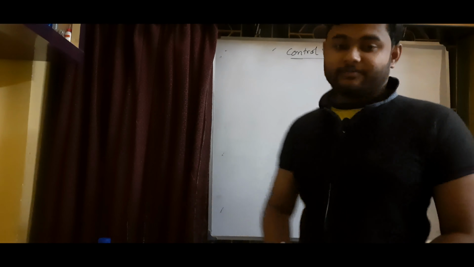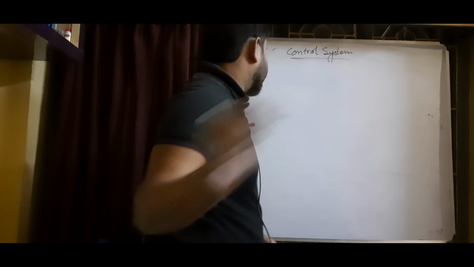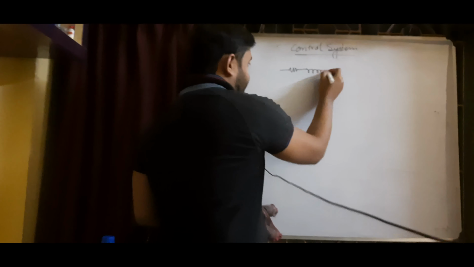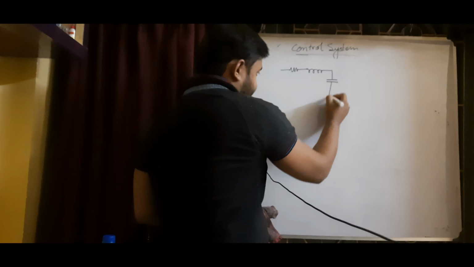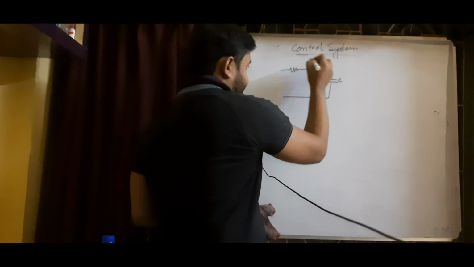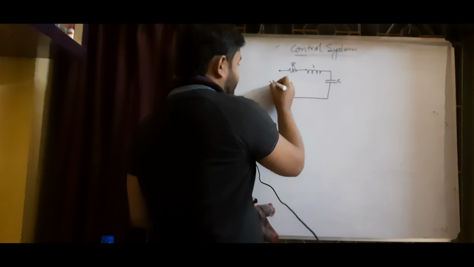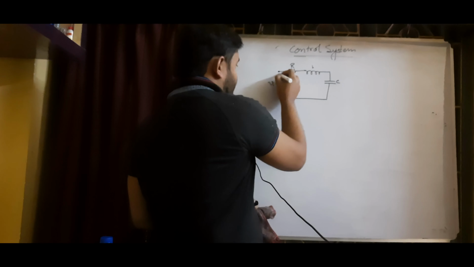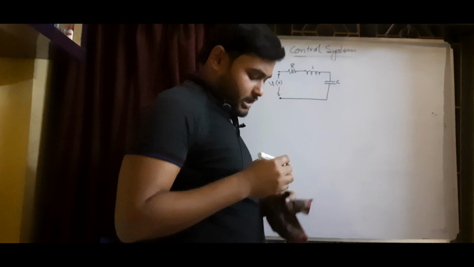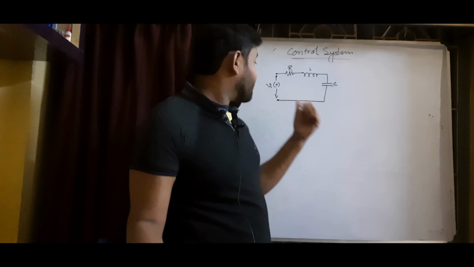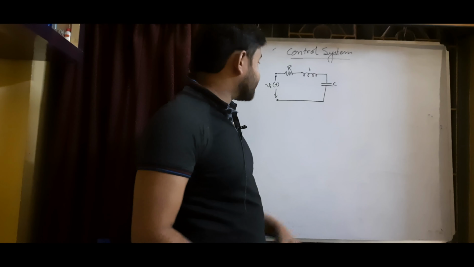Let us consider a very basic example of an RLC circuit: R, L and C. Here v_i(t) is the input variable of this system.